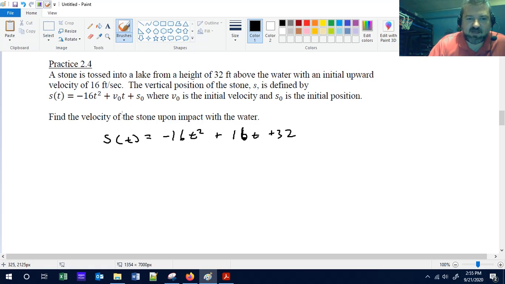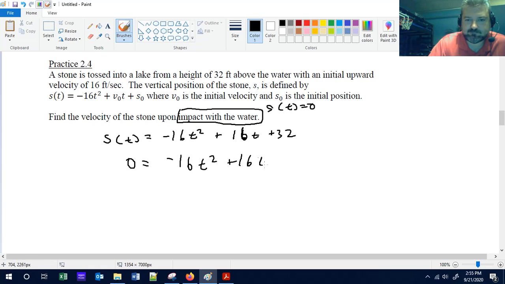All right. We need to find the velocity of the stone upon impact with the water. So it's going to impact the water when S of t is equal to 0, right? Because we're 32 feet above the water, so this is saying that S of t equals 0. Well, we can solve for that. Fortunately, I can divide everything by negative 16, so that becomes t squared minus t minus 2, and this one factors as t minus 2 and t plus 1.